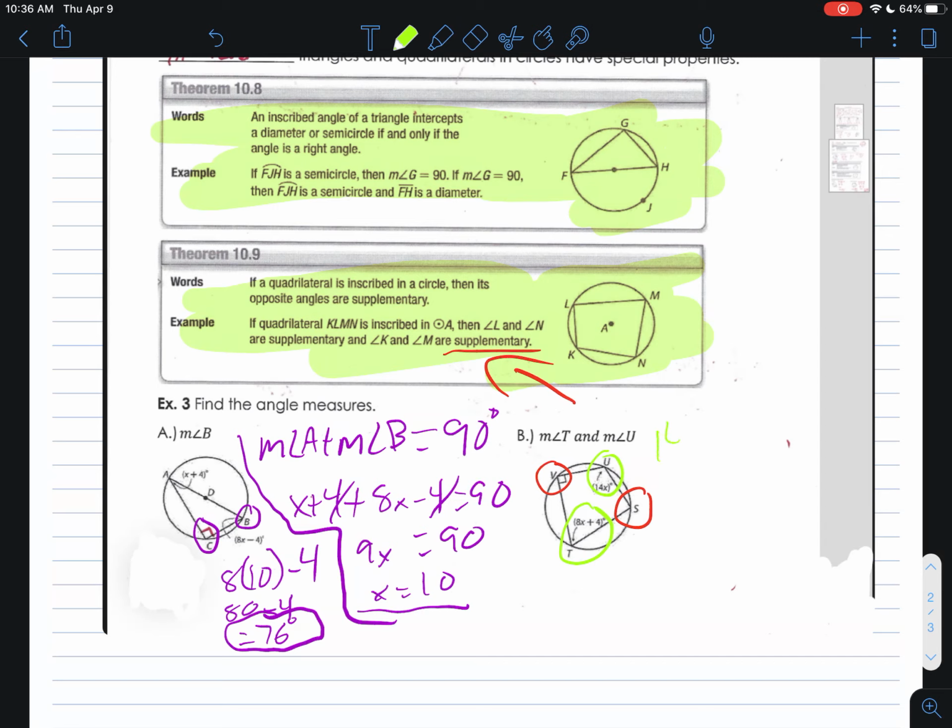So it would be simply 14x plus 8x plus 4 equals 180. So then you get 22x equals 176. Divide both sides by 22. Get x equals 8. So it's asking for t and u.